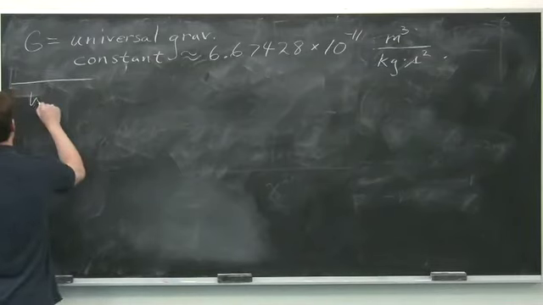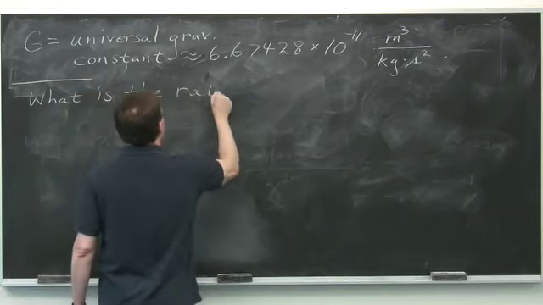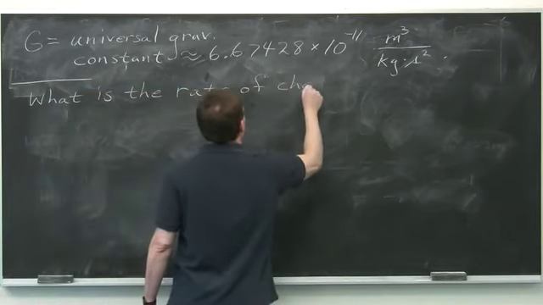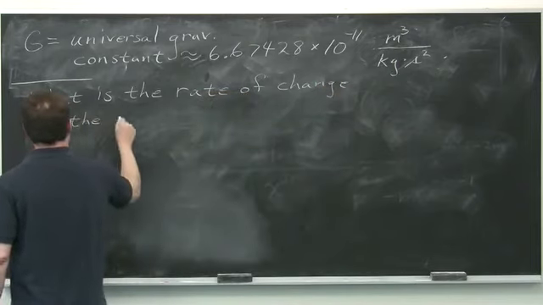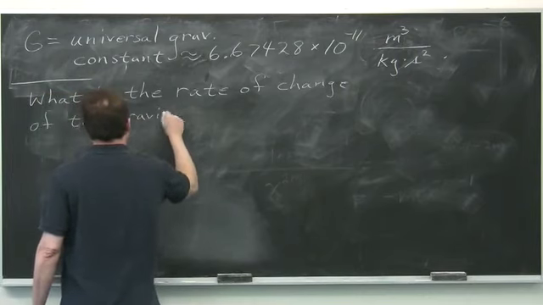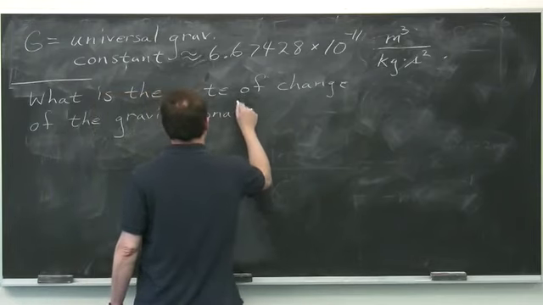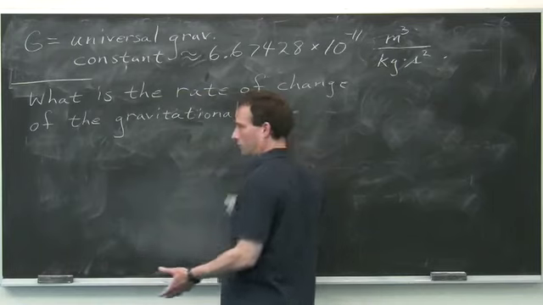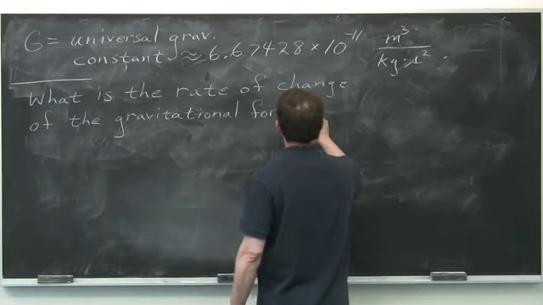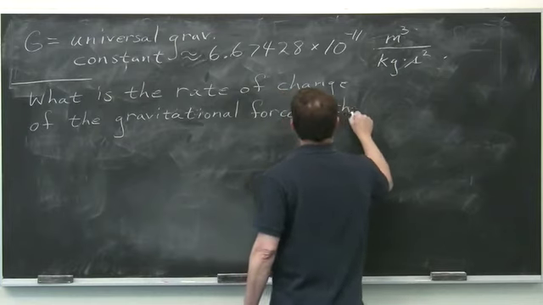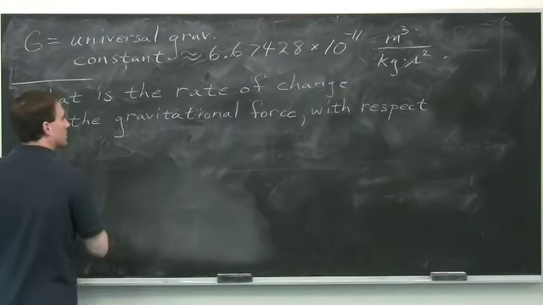What is the rate of change of the gravitational force between two objects, so fix capital M and little m. What is the rate of change of the gravitational force with respect to the distance between the objects? So between their centers of mass.